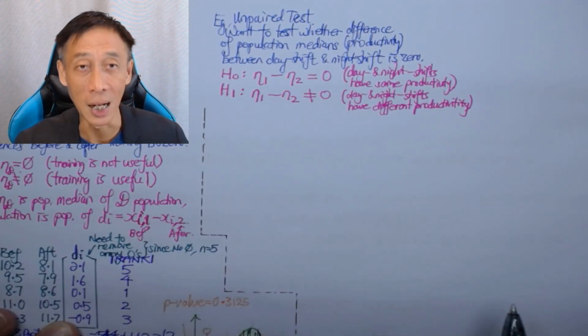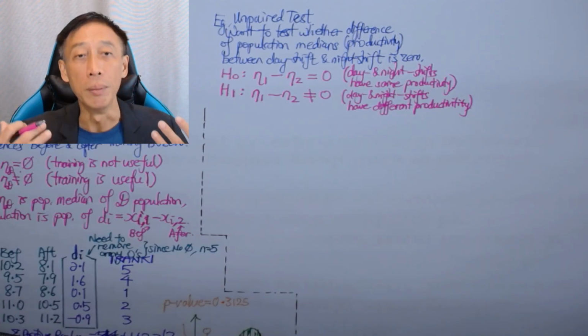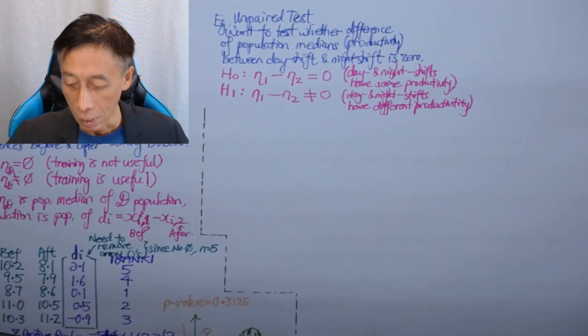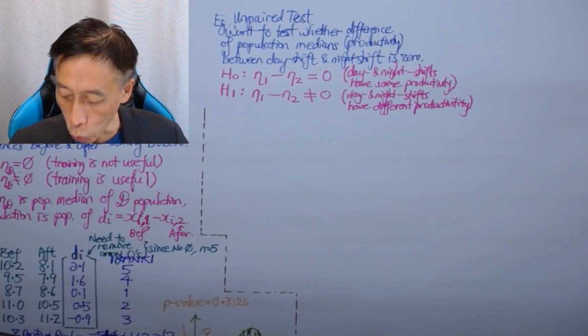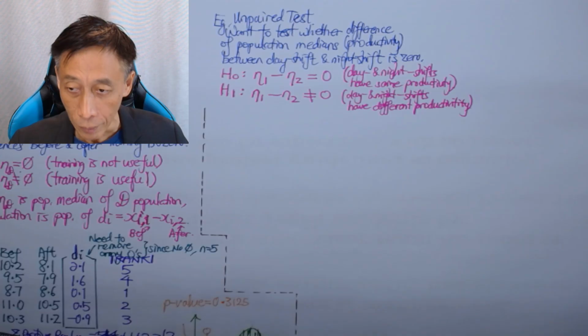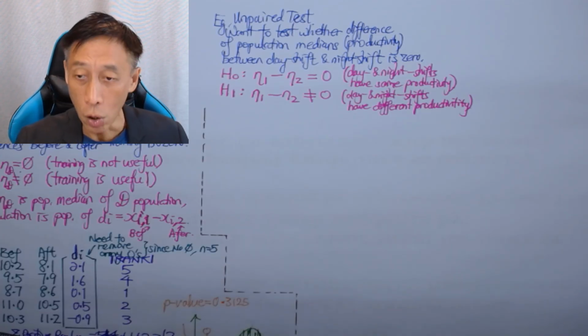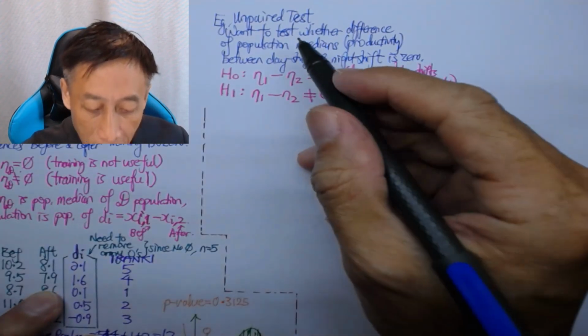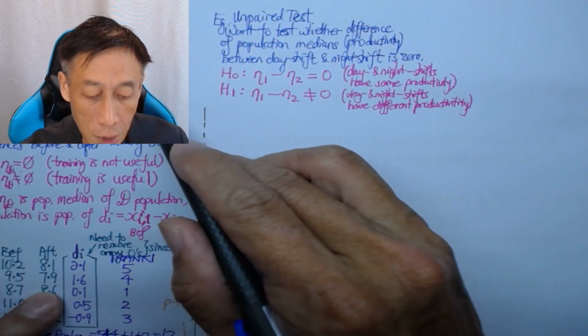Our experimental design that it is an unpaired test. Now, because our sample size is small and we like our conclusion to be defensible, so we are going to use the non-parametric test. For unpaired test for two populations, it's called a Mann-Whitney U-test.